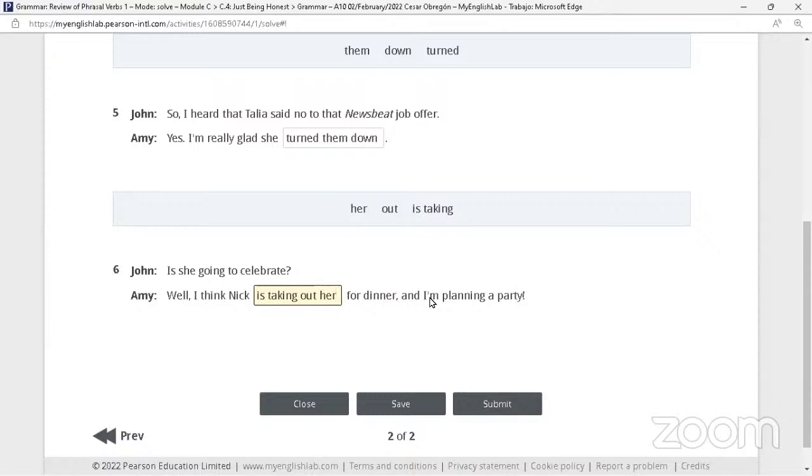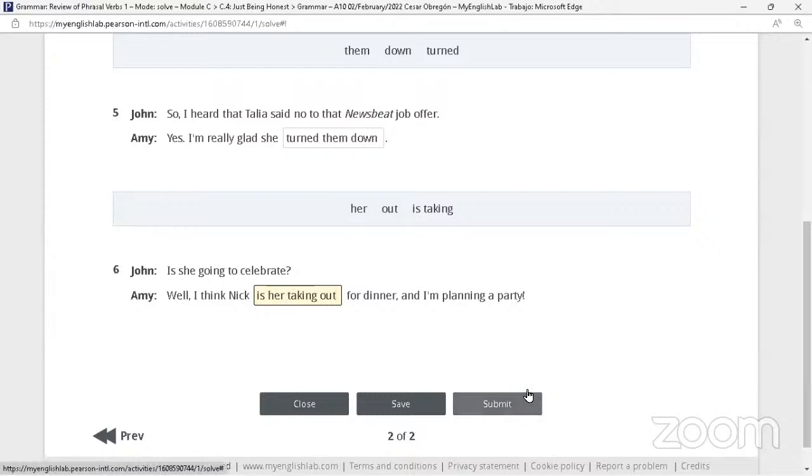Is there any other way we can work this out? Is her taking out? Is taking her out. Or what do you think? Is her taking out? Okay. Are you ready?